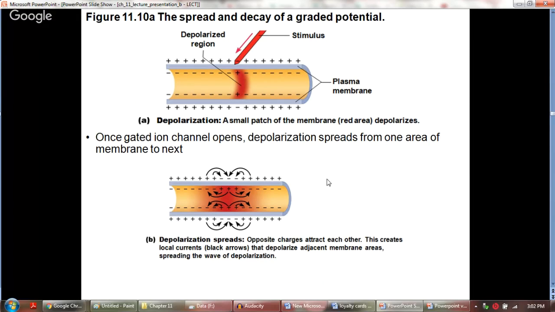So here it shows the spread and the decay of the graded potential. It's short-lived, a quick depolarization happening at this area. The inside becomes positive and it dies off. Once the gated channels open, depolarization spreads from one area of the membrane to the next, over a very short distance, and then the adjacent area is depolarized, and opposite charges attract each other, and it creates a current, as shown in this figure.